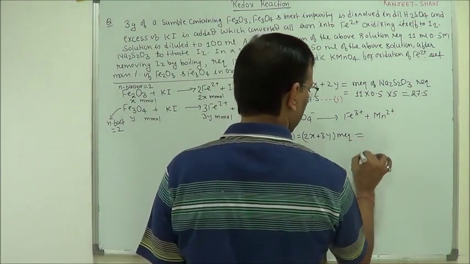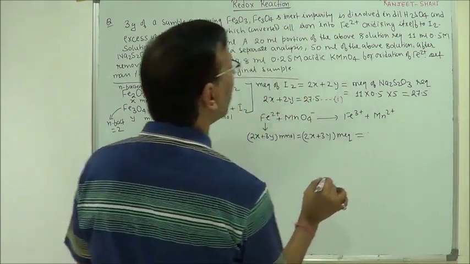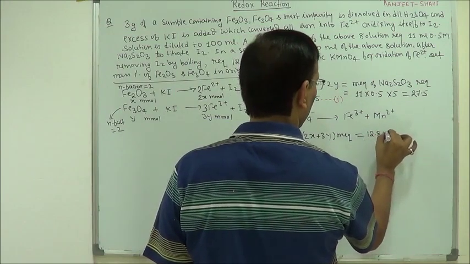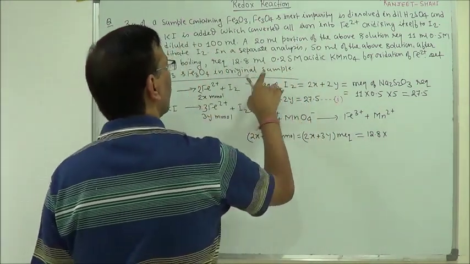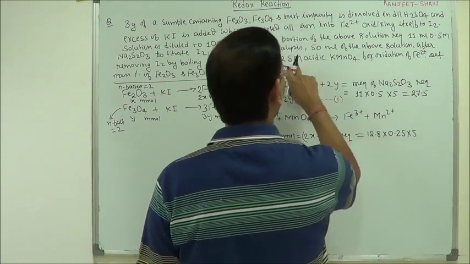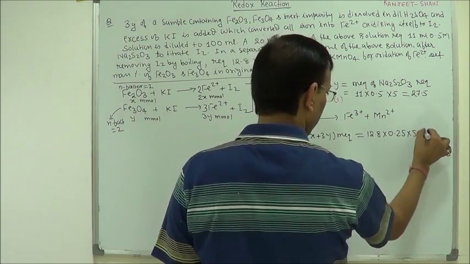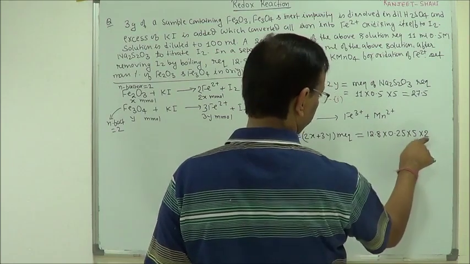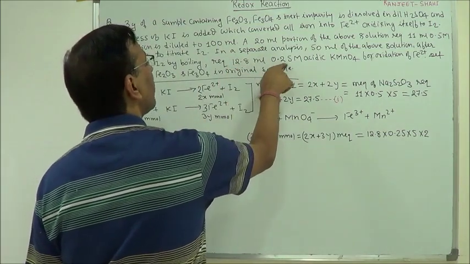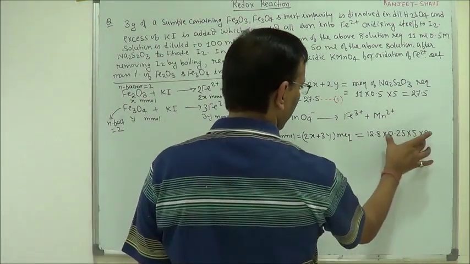So it will be milliequivalent of permanganate, which is 12.8 into 0.25 into 5, molarity multiplied by the N factor of permanganate, 5, into 2 also, because this is the volume of permanganate required for 50 ml of the stock solution. So for 100 it will be 2 times.